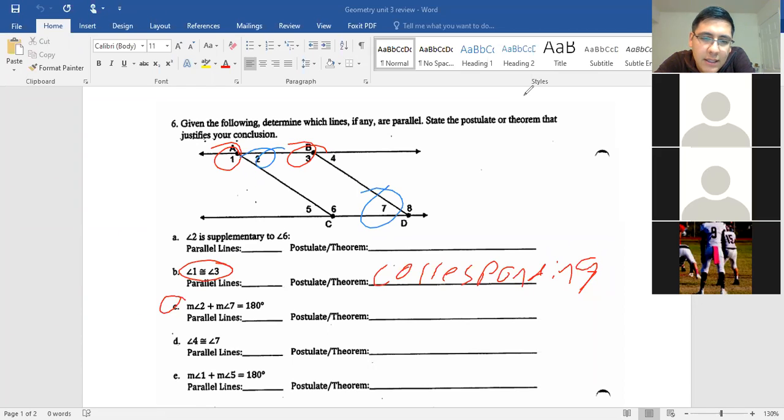So they're both small angles, and that means that they actually should be congruent. And if you notice, C and D are basically saying the exact same thing.